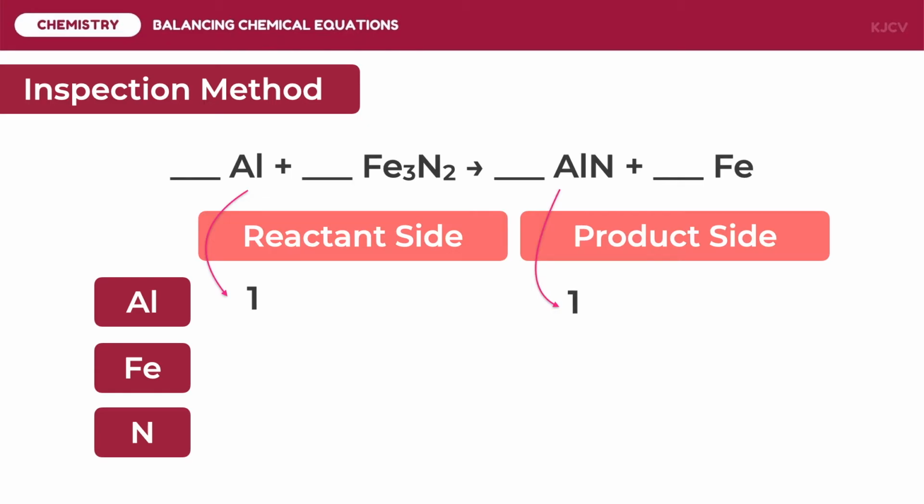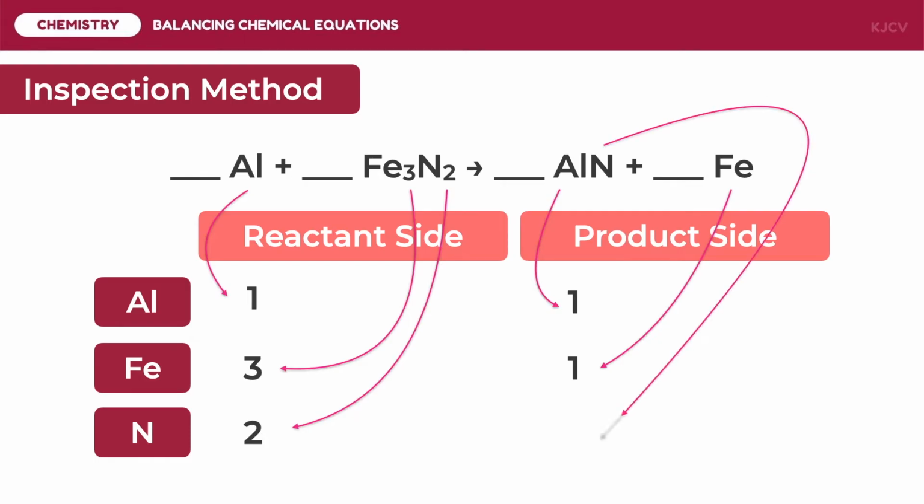For iron, we have 3 on the reactant side from iron(II) nitride, and 1 on the product side from the monoatomic product iron. For nitrogen, we have 2 on the reactant side from iron(II) nitride, and 1 on the product side from aluminum nitride. We can see here that only aluminum is balanced.